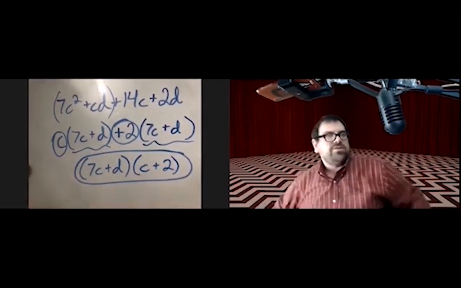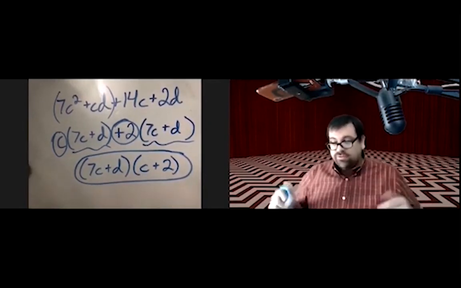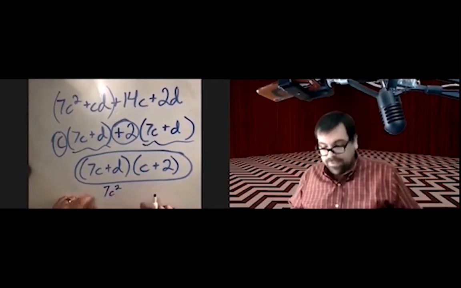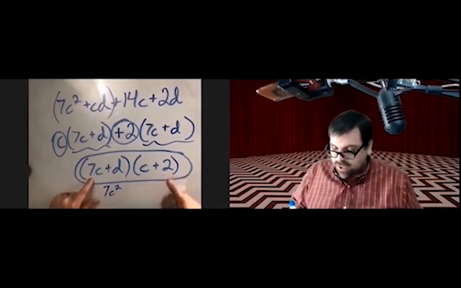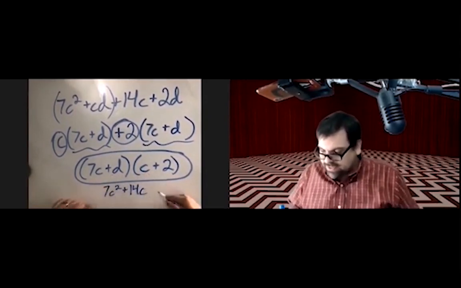How can we check factoring? We can check factoring with multiplication. FOIL. First, 7c times c is 7c squared. Outer, 7c times positive 2 is 14c. Inner, d times c is cd.